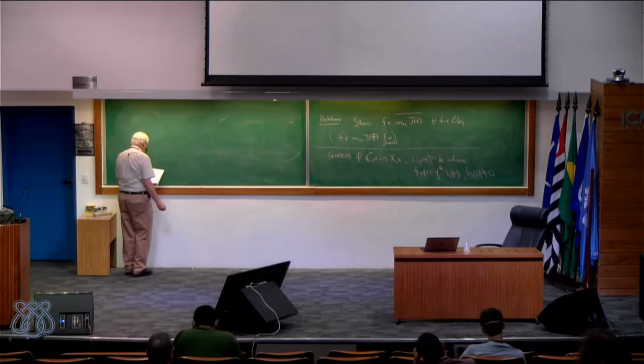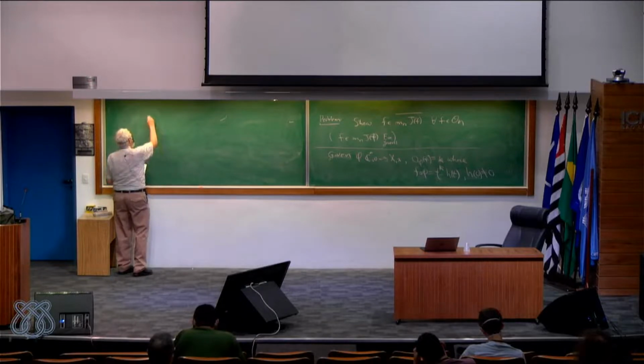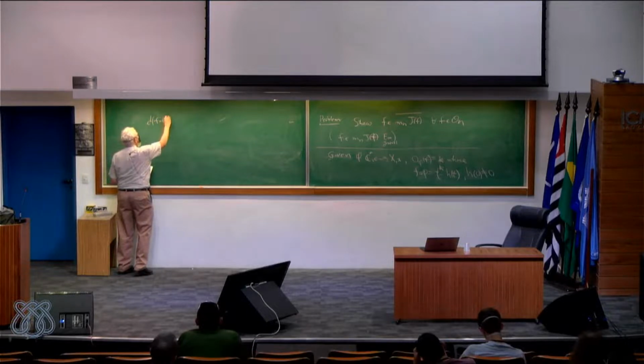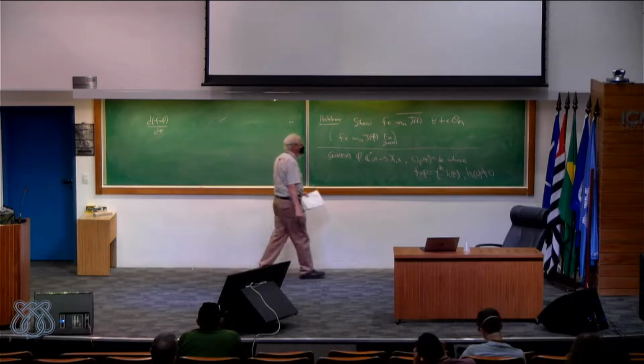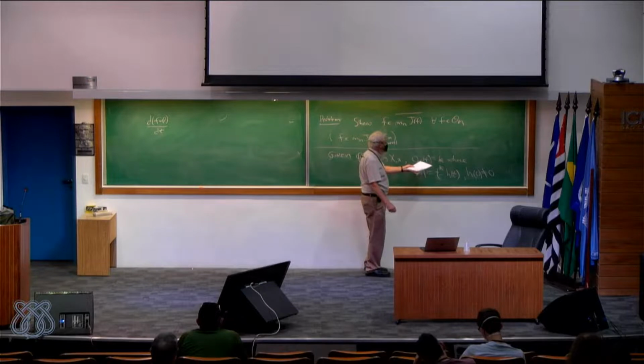Okay, so let's start the proof. Let's consider the derivative of f composed with phi with respect to t. We're given that the order of f along phi is k.